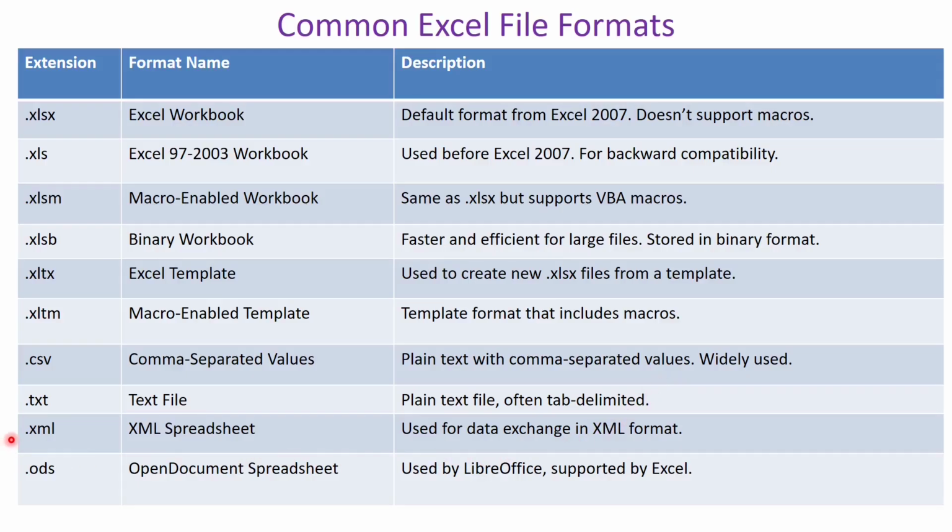And next is .txt, that is text file, which stores plain text, suitable for system data imports or logs. And next one is .xml, that is XML spreadsheet, used for data exchange in a structured format, common in data transfer between applications.